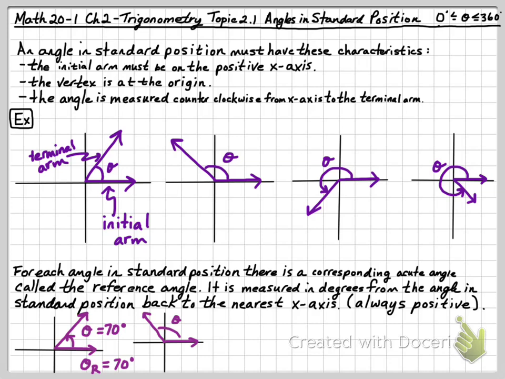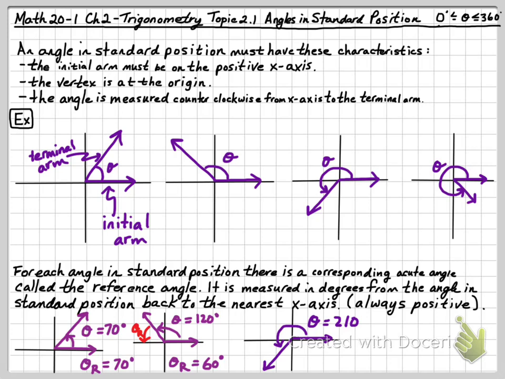In the second picture, let's say that this is a 120-degree angle. The reference angle in this case is going to take us from the terminal arm back to the x-axis, and that's only going to be 60 degrees. That's going to be our reference angle, from the terminal arm back to the x-axis. In the third picture, we have a 210-degree angle. That's our angle in standard position.